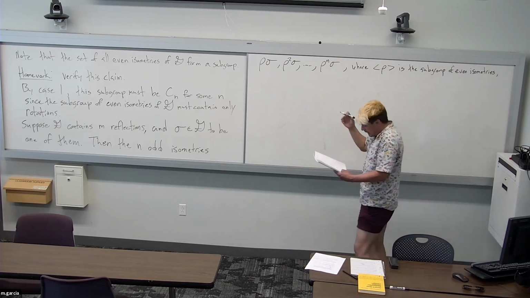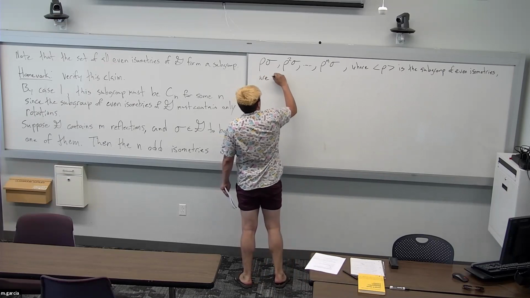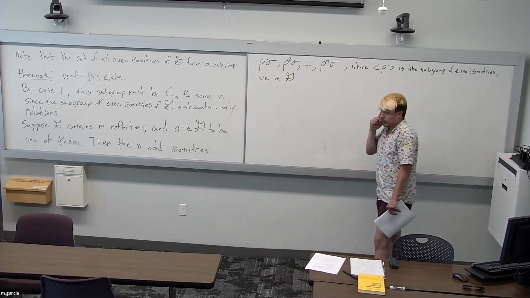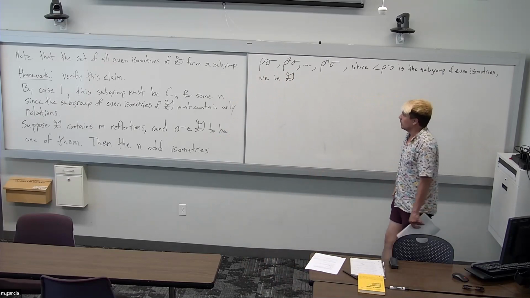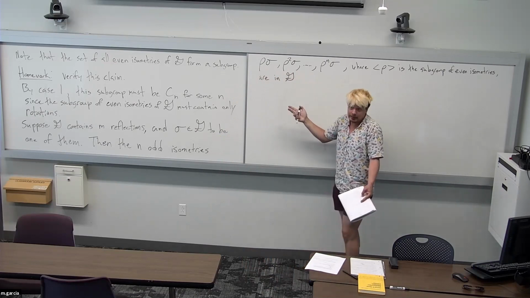These n odd isometries are in G. Right? So we know all these are odd because all these rotations must be even.